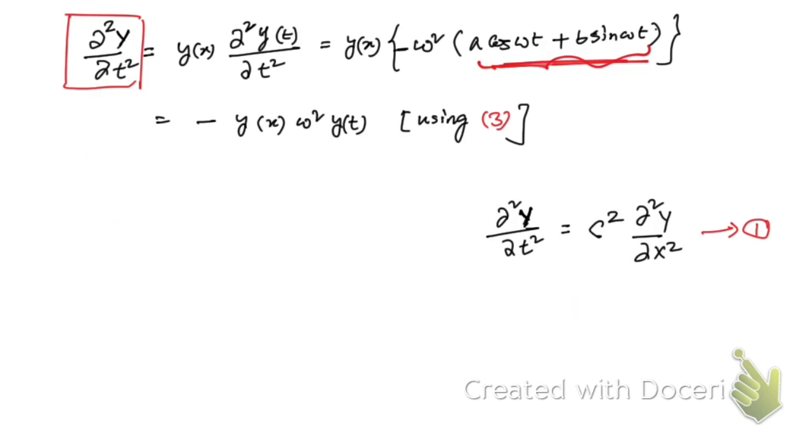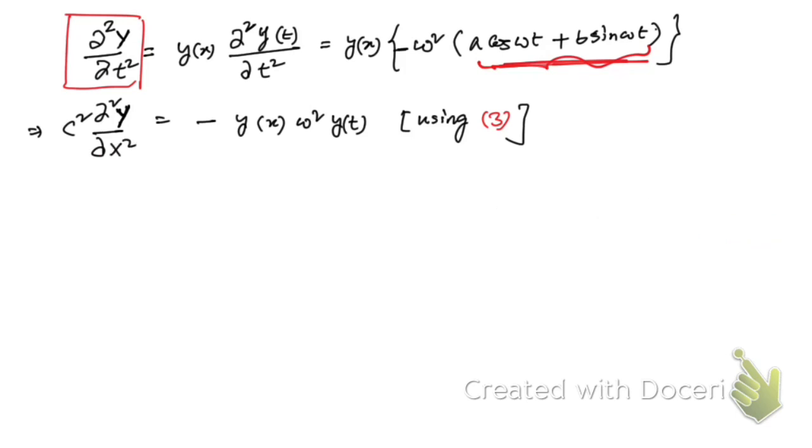If we do that, then what we're gonna have, just wait, so we can write here c square second order derivative of y, capital Y, with respect to x, right? That's what we can write.